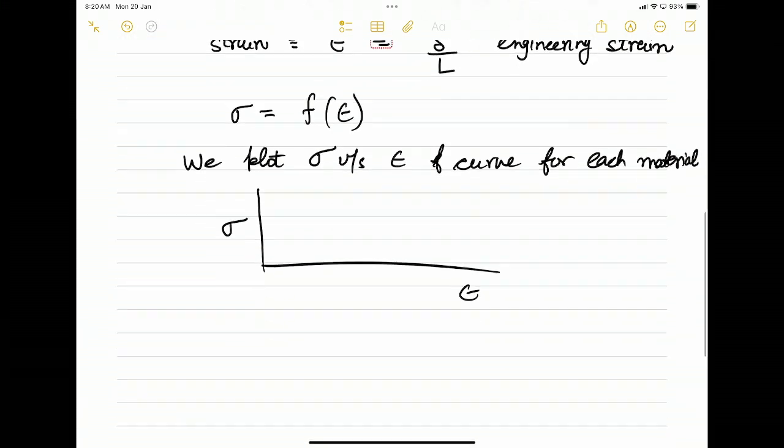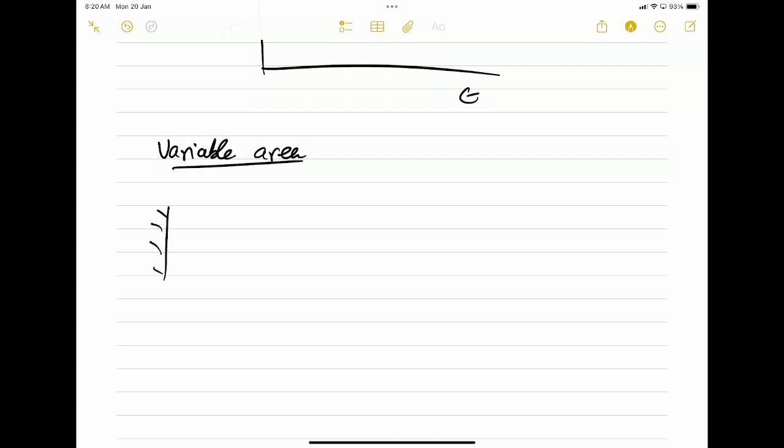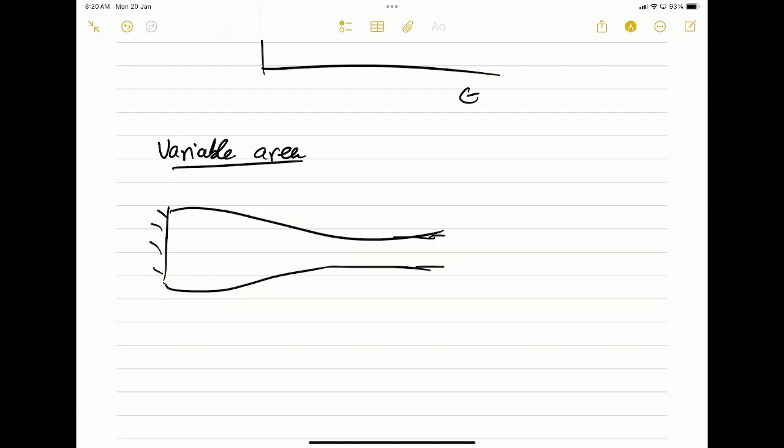Now, if we have a variable area, then how do we define these things? Let's look at a case like this, a horizontal version.